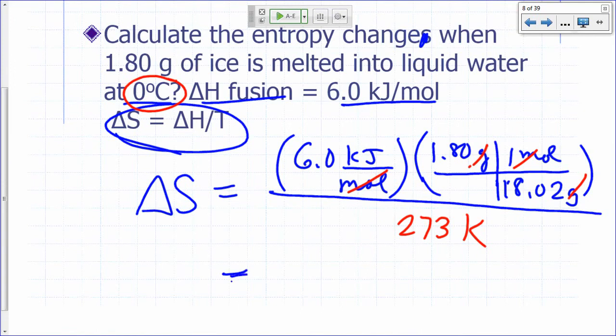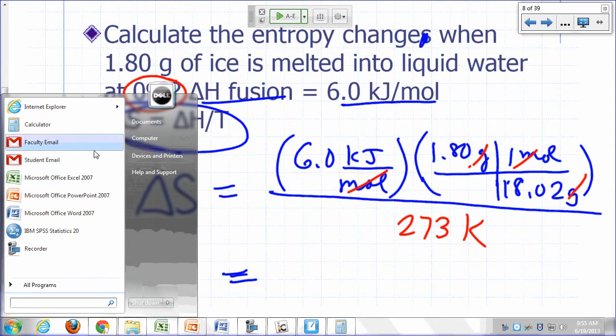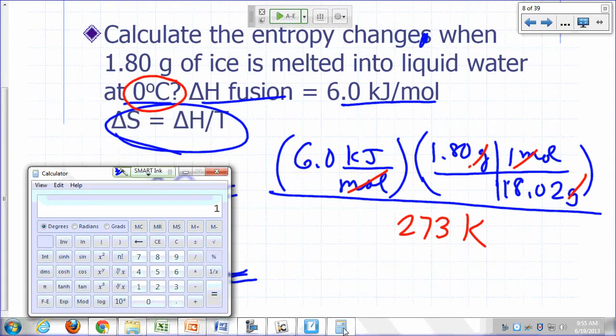So that gives us delta S of, let's see, 1.8 divided by 18.02, that's the number of moles, times 6 kilojoules per mole divided by 273.